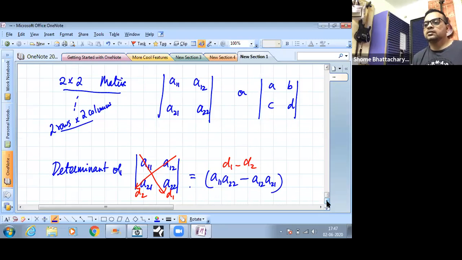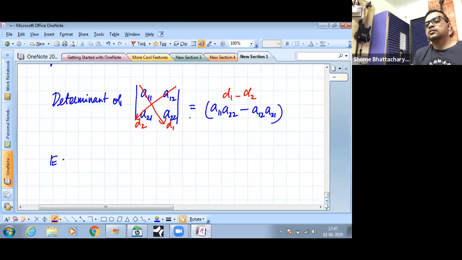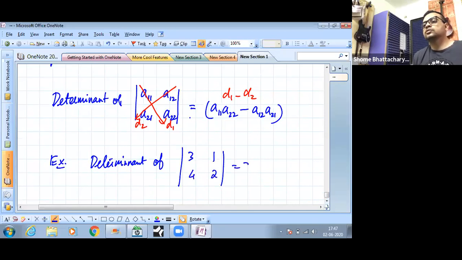So just write down an example then. Example: determinant of, I'm just taking something random, let's say 3 1 4 2, is equal to 3 into 2 minus 4 into 1.